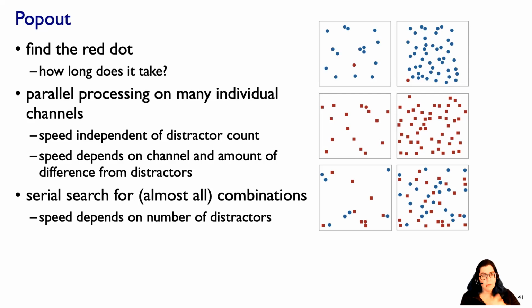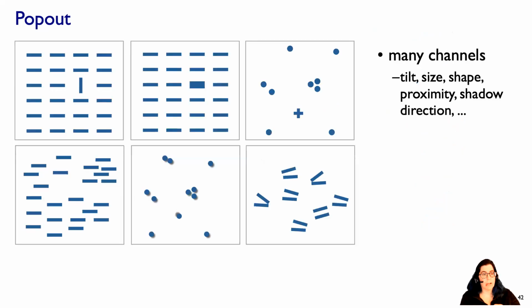So what else can we do pop-out with? Actually, quite a few. In this case, we're seeing orientation, size, certainly shape, as we already saw, but even subtle things like proximity, and even the direction of the shadow we can get pop-out with, stunningly enough. Now, not everything does do pop-out.